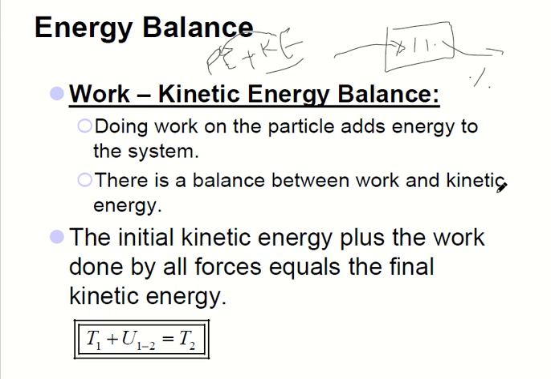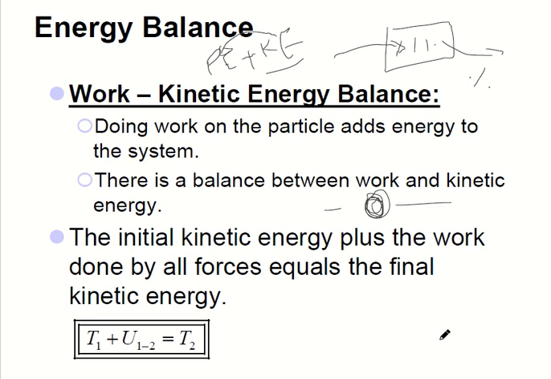So there is a balance between work and kinetic energy. Sometimes they balance. Sometimes one overrides the other. It depends on how your particle or rigid body is in relation to the environment.